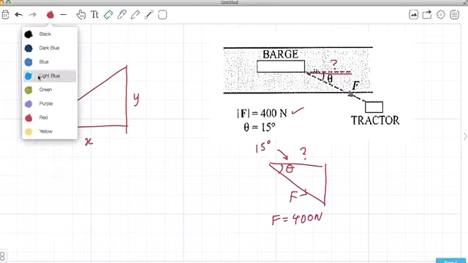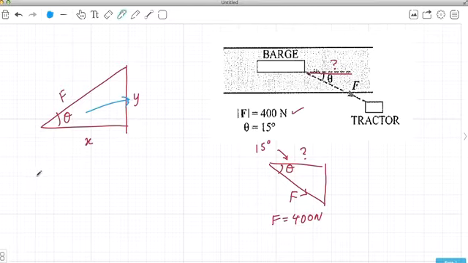So in this triangle here, for y, we've got opposite. So sine of theta equals the opposite over the hypotenuse, which in this case is y over the hypotenuse, which we call F. F is generally the resultant force that you have on the hypotenuse.